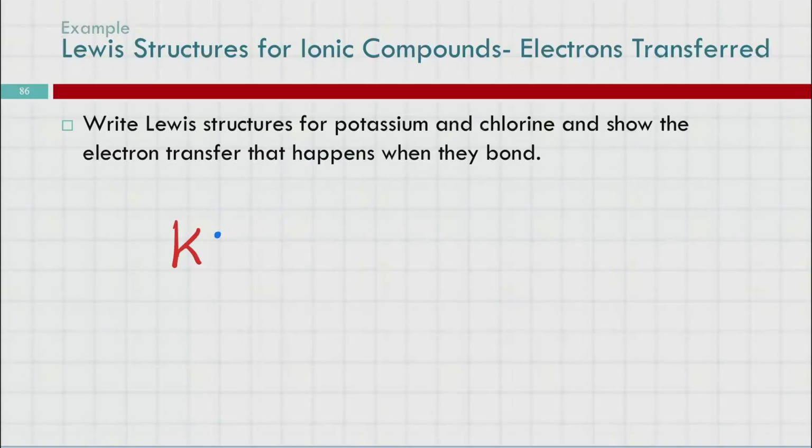Chlorine is over in 17, or 7A. So chlorine has 7 valence electrons. I'm going to draw them in green. So those are our Lewis structures, and we can transfer this one electron from the potassium to the chlorine.